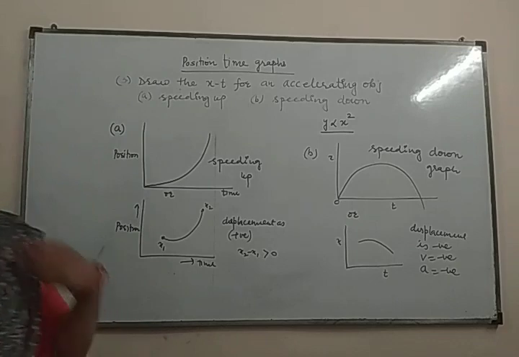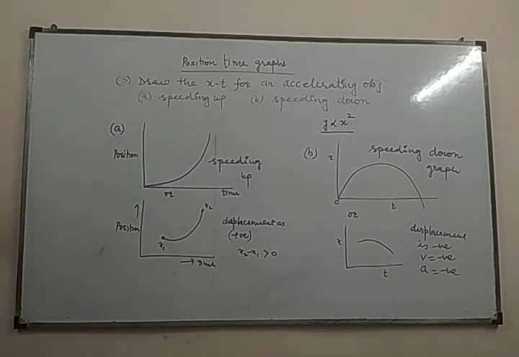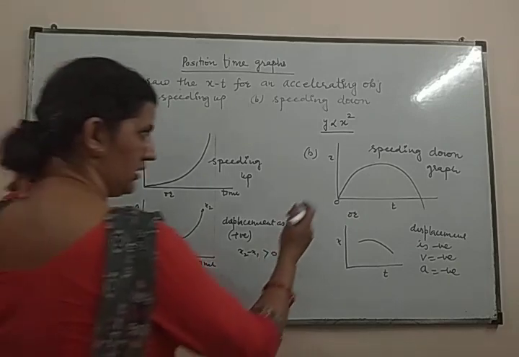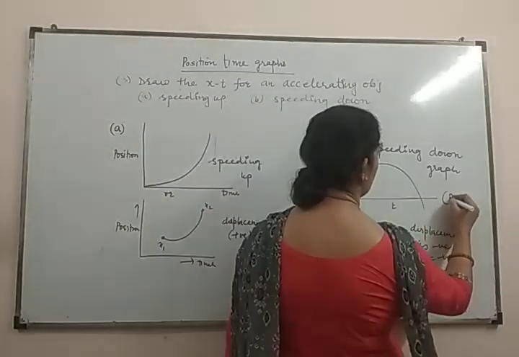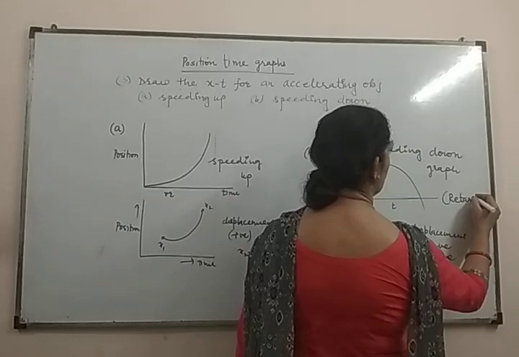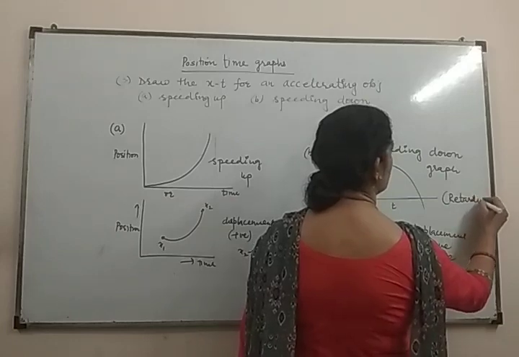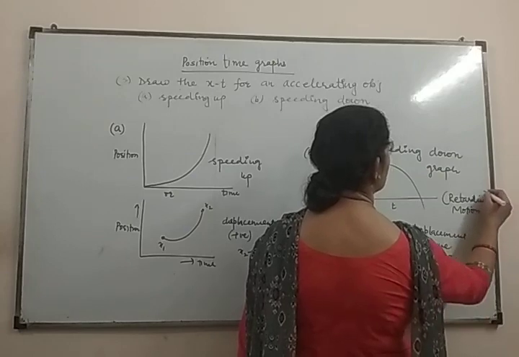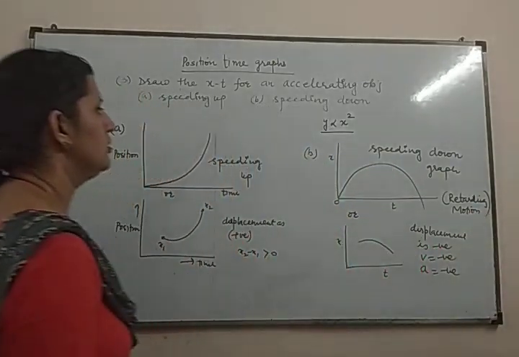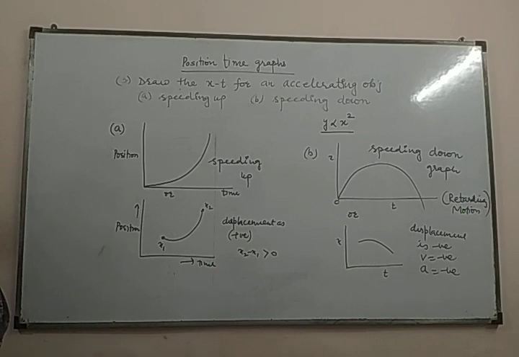Speeding down graph means the speed of the object is decreasing. Speed is decreasing, you are applying the brake or you are retarding motion. You are applying the brake, you are stopping the vehicle. So this kind of graph you may have.